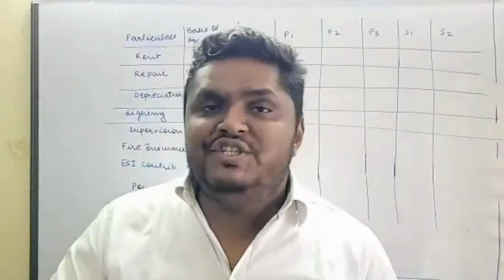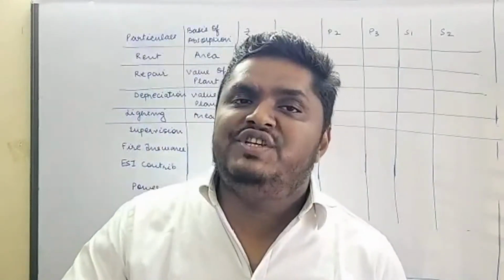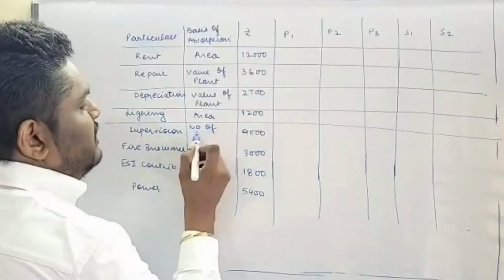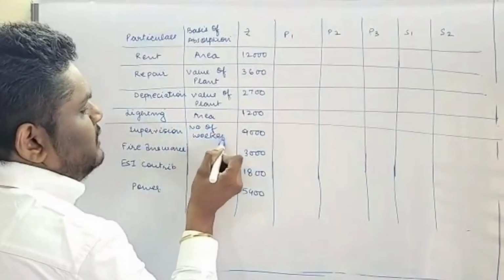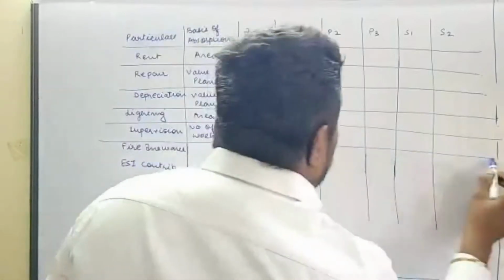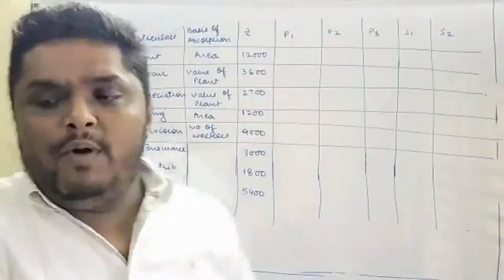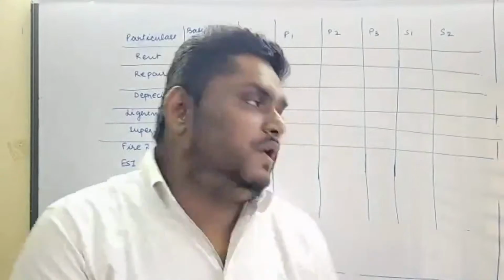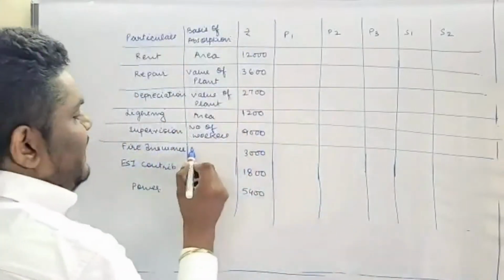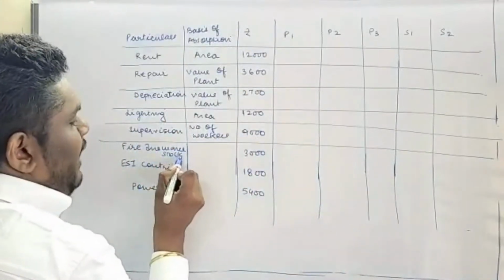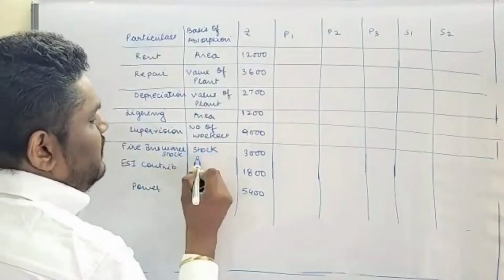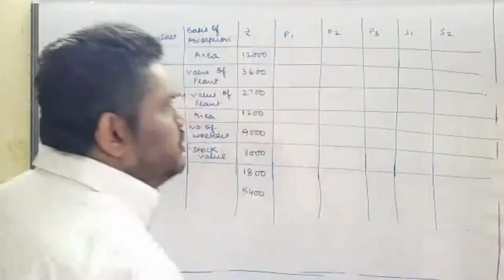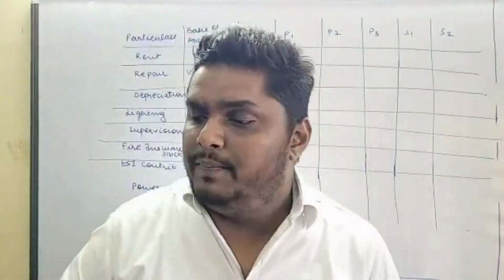Next point is supervision. Again, information is given in the question as regards number of workers. So the supervision cost will be apportioned on the basis of number of workers. When talking about fire insurance of stock, the stock value is clearly given in the question. So the fire insurance on stock will be apportioned on the basis of stock value.